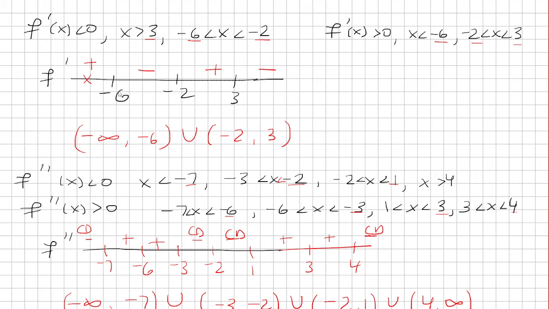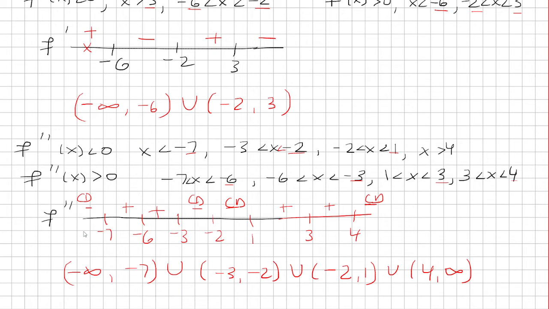This has a -6, a -2, and a 3, which are all the points over here. So I could just take advantage of using these points and then plug in when the derivative is positive, when the second derivative is negative, etc.